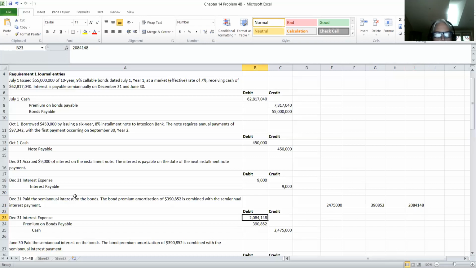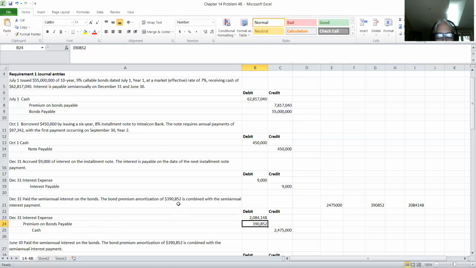So if you were paying the semi-annual interest, the amount of semi-annual interest that you pay is 2,475,000. The amortization of the premium was 390,852. When you combine these two together, it will give you the total amount of the interest expense. Notice the premium was debited for the 390,852.